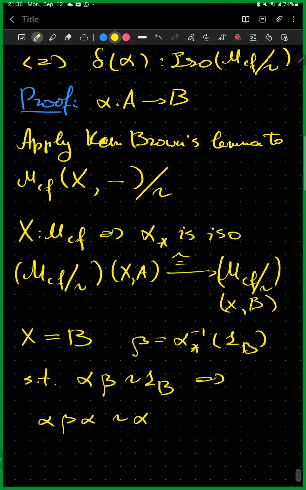Now we can put X to be equal to A, and we find that beta alpha is in fact homotopic to the identity on A. Why is that?